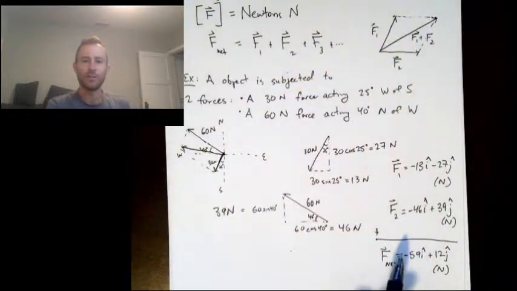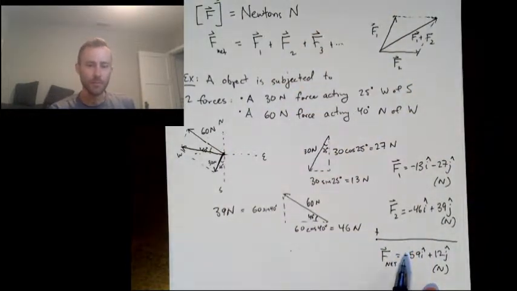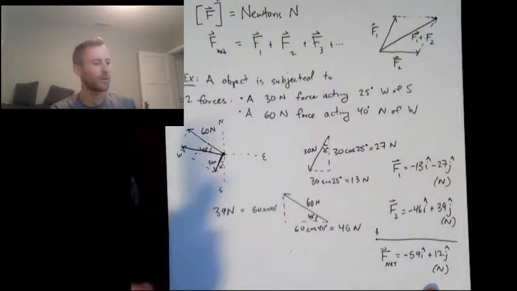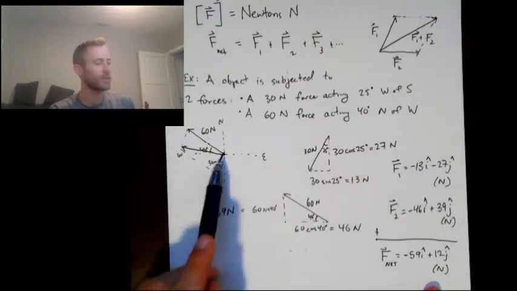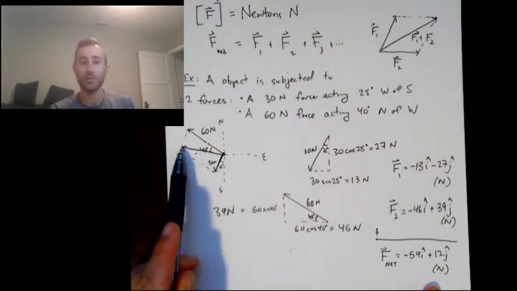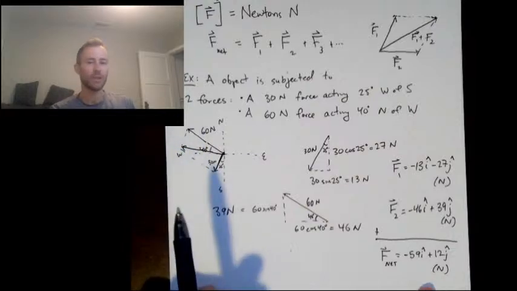So we can see that this vector goes to the left 59 and it goes up 12. So this is approximately correct, right? Because see how it goes over much more than it goes up. All right? So that's consistent.